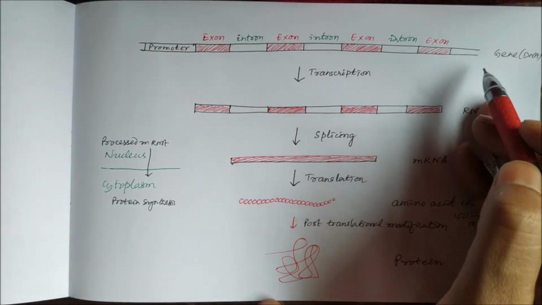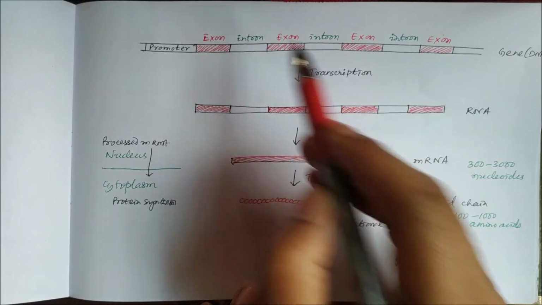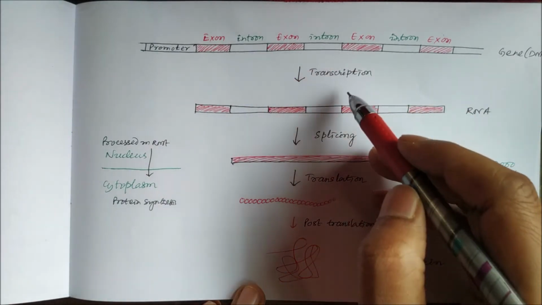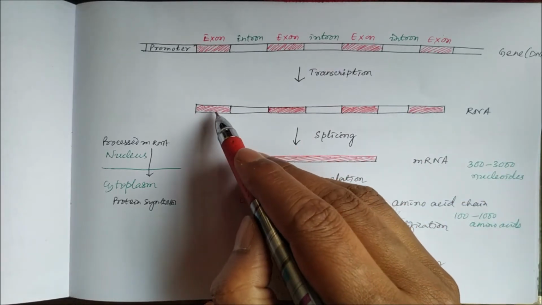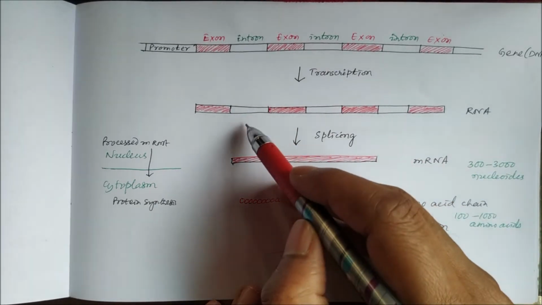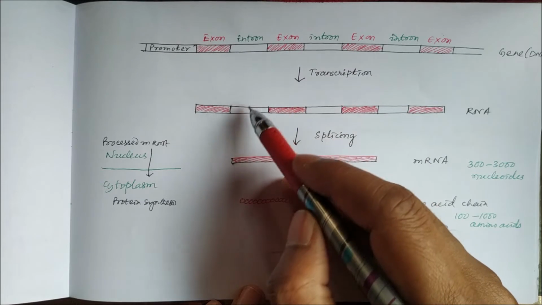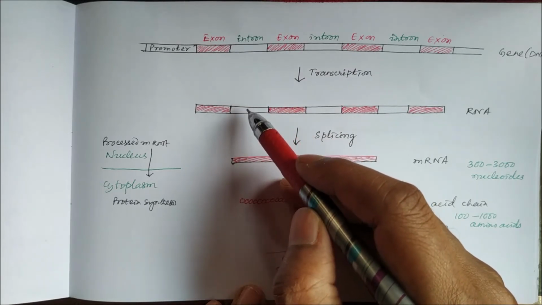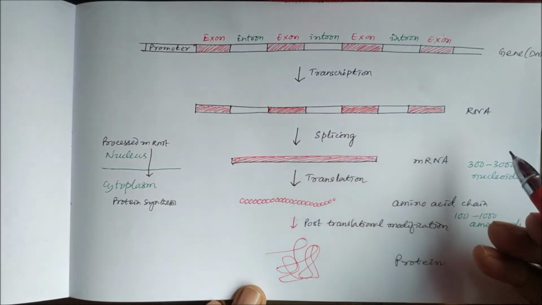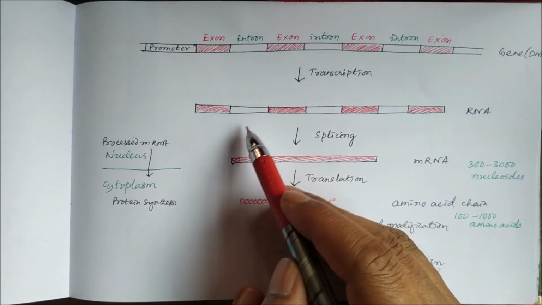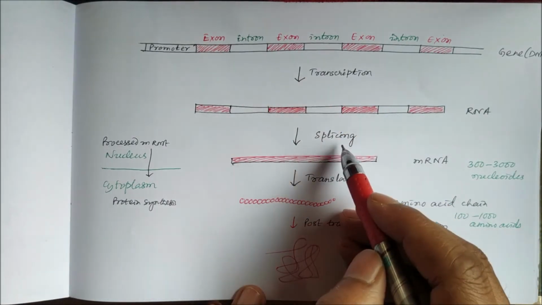So this gene has both exon and intron, and after transcription this RNA, this transcript, also contains both exon and intron, and this intron has to be removed because it has the non-coding sequence. So the coding sequence is only available with exon, and the process which removes this intron is called splicing.